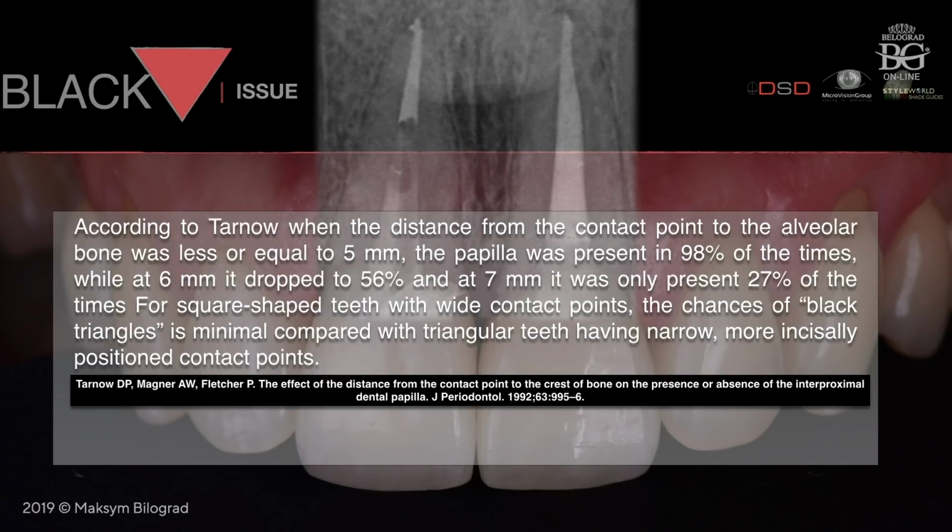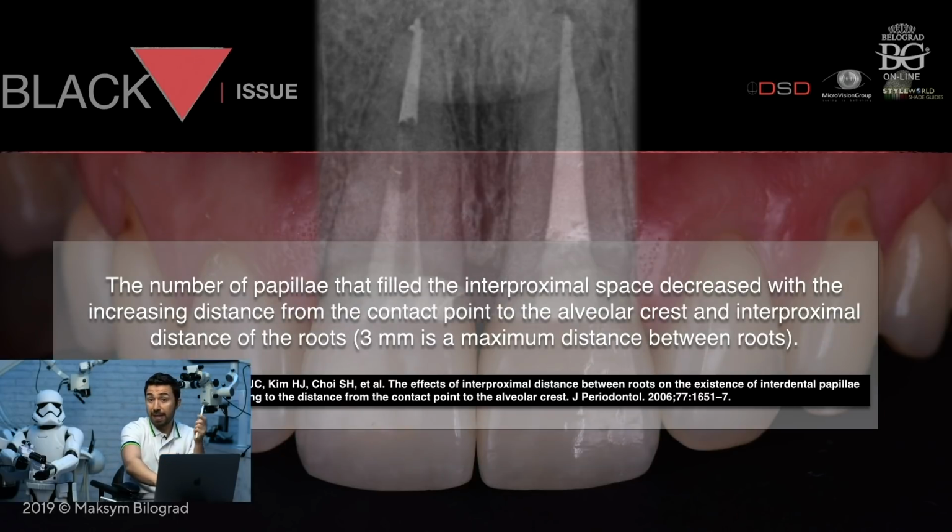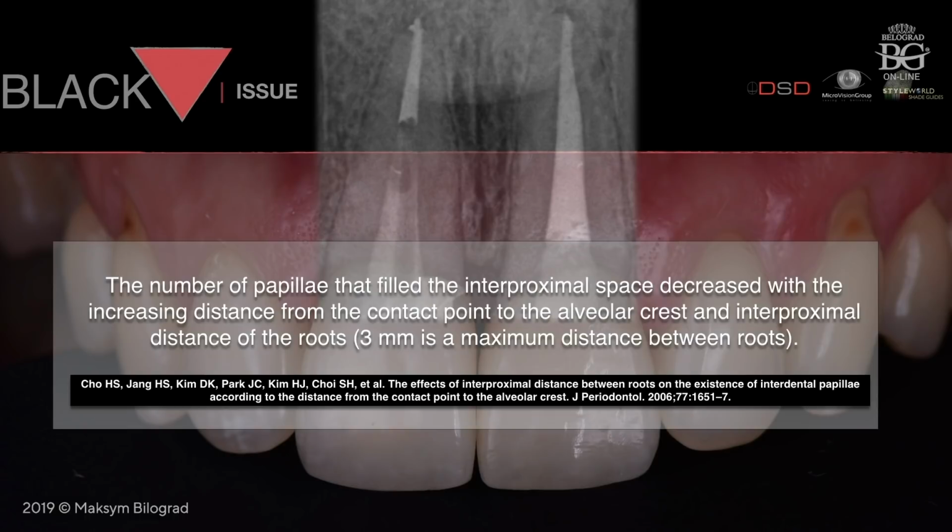Actually, if the distance between bone and interdental contact point is less than 5 millimeters, you may expect that this distance will be filled with the interdental papilla and there will be no black triangle issue afterwards. And also the distance between interproximal areas, if the distance is less than 3 millimeters, in most of the cases, in 98% of the cases, you may get this space filled with papilla.